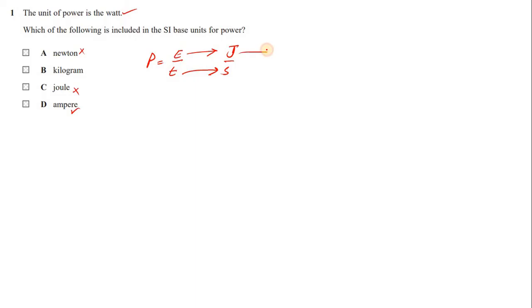Joule can further be written as Newton meter, so watt can also be written as Newton meter divided by second. Newton is also involved in the unit of watt, but Newton is not SI base. So Newton cannot be our option.